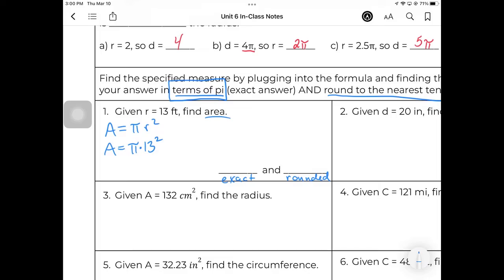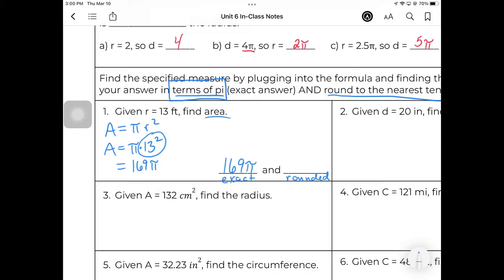Well, that means all I can do is that part to start with. 13 squared, 13 to the second power, is 169. And because I still have a pi in front, I'm actually going to write times pi at the end. That means 169 times pi. But that is my exact answer. 169 pi is as exact as I can make that without rounding the value of pi.